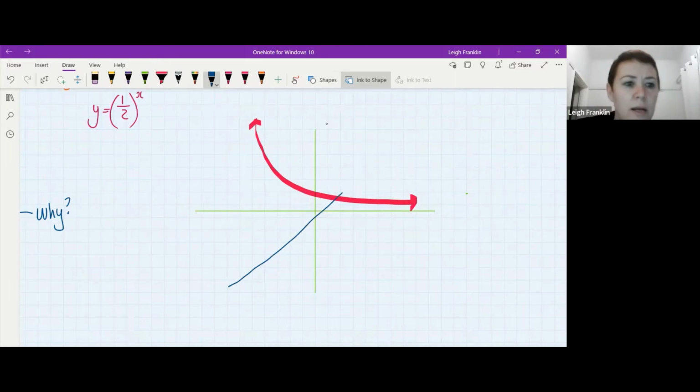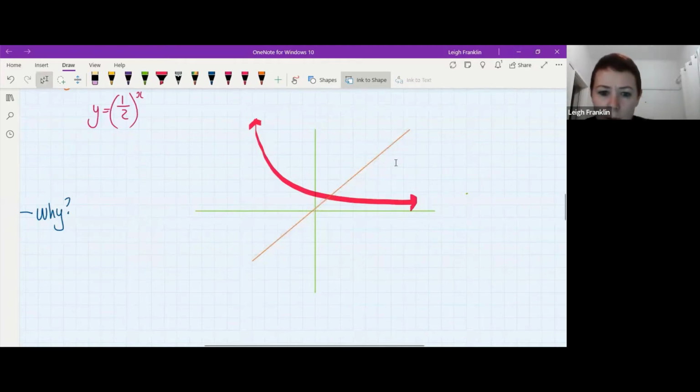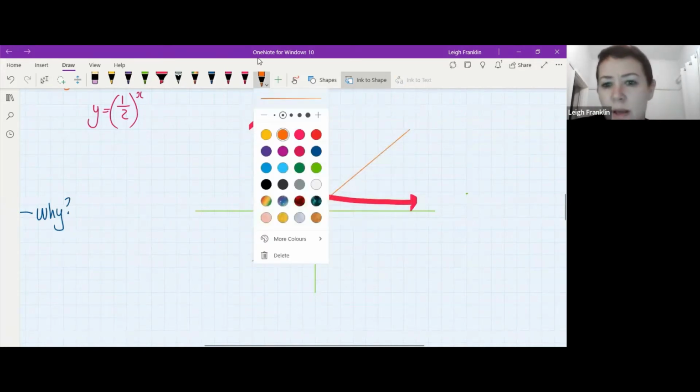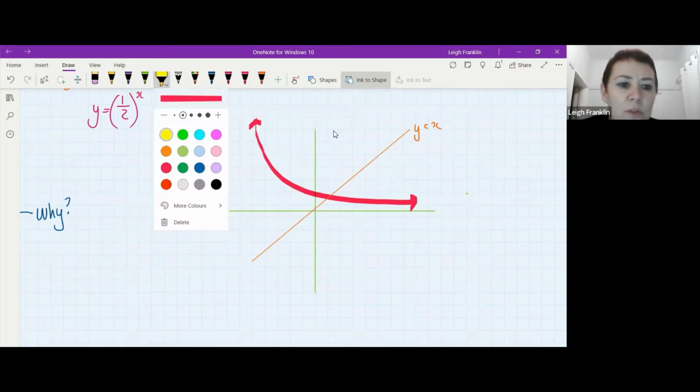Oh, that's a terrible line, I beg your pardon. Oh, here we go. That's what I wanted. If this is the line y equals x, then if this graph is reflected over that line, it ends up looking like this. I'm going to draw this one in yellow for you.